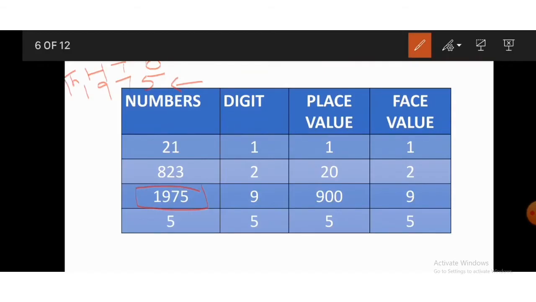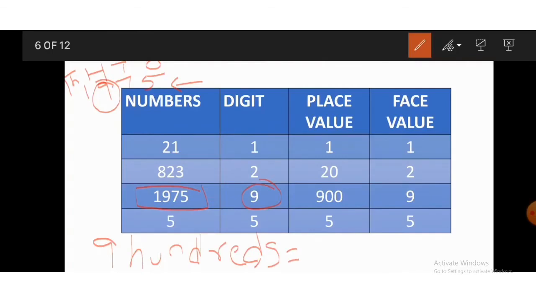Now what is the digit given in the question? 9. Let us circle 9 here. In which place is 9 here? 9 is in hundreds place. So the place value of 9 will be how much, children?